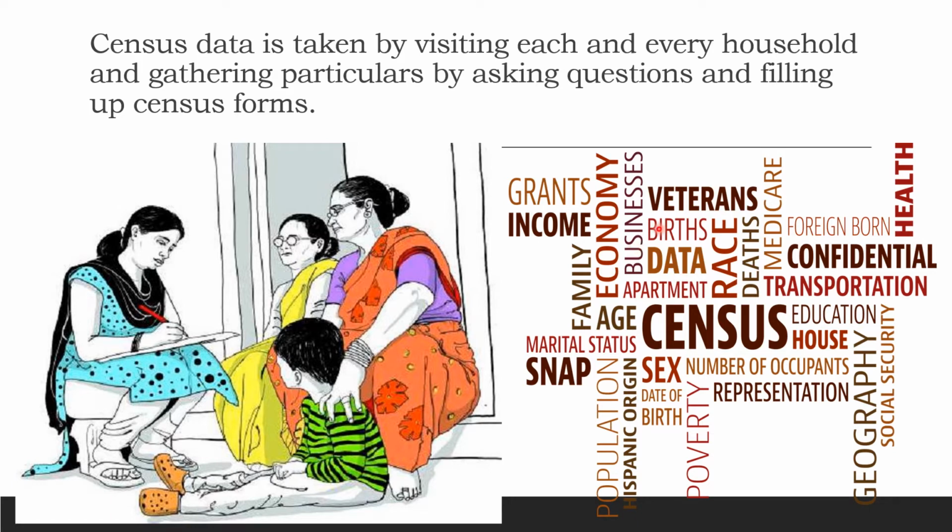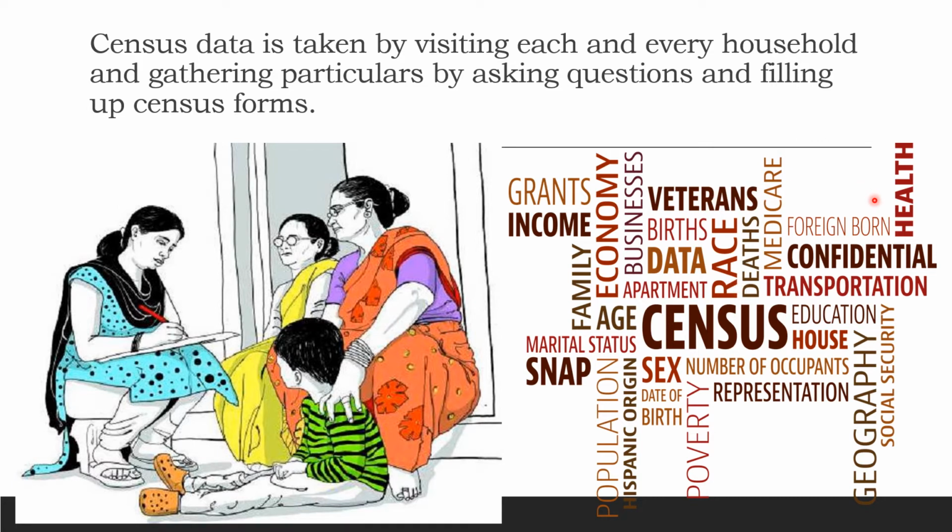We might be doing a study of businesses. We study the economy. We may study factors or variables like income, marital status, population, origin of people, poverty, geography, social security, education, housing, transportation, Medicare, deaths, the races that exist in a particular country, health, and so on.